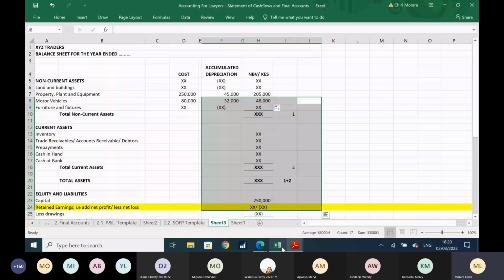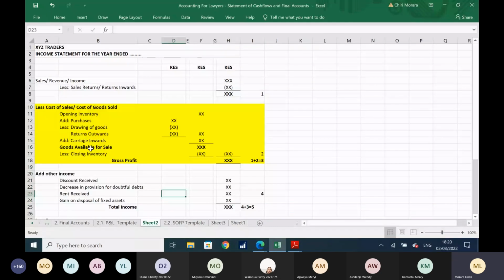So if I come to our template for our income statement, then our purchases here. Wait, this was 25K. Sorry, I should have put it here. This is the template. 25,000. That was the opening stock. We had already seen it, and then we're being told that our purchases is 360,000.